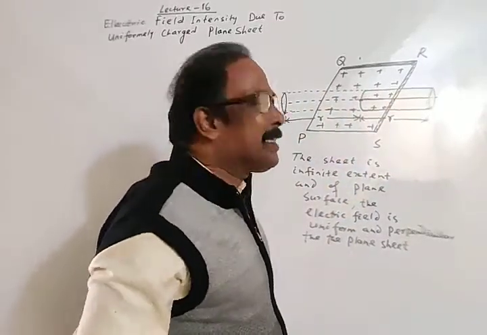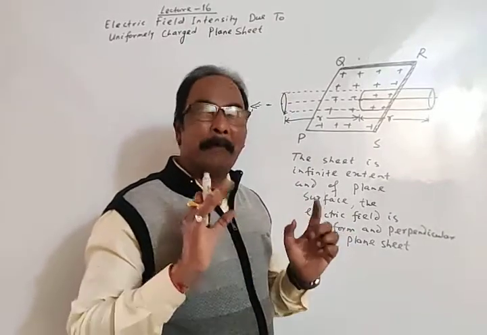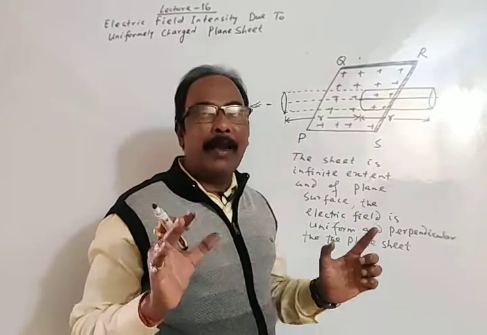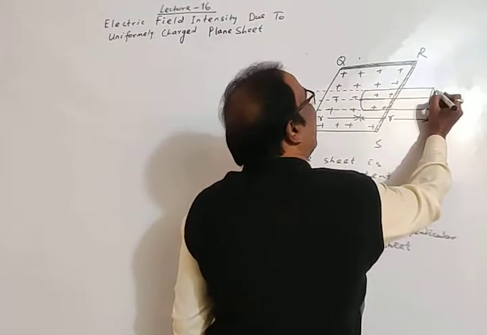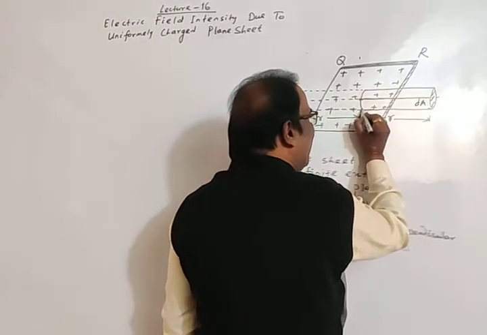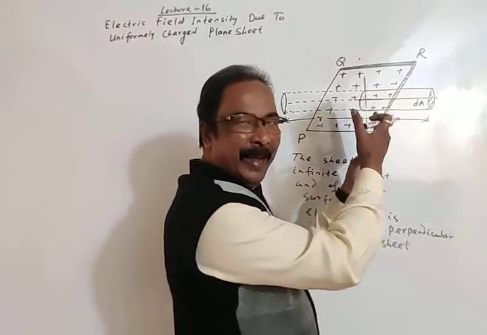Let's consider our first step. To apply Gauss law, our first step is to consider a Gaussian surface. Let's consider an elemental area dA at a distance r from the surface of the plane sheet.